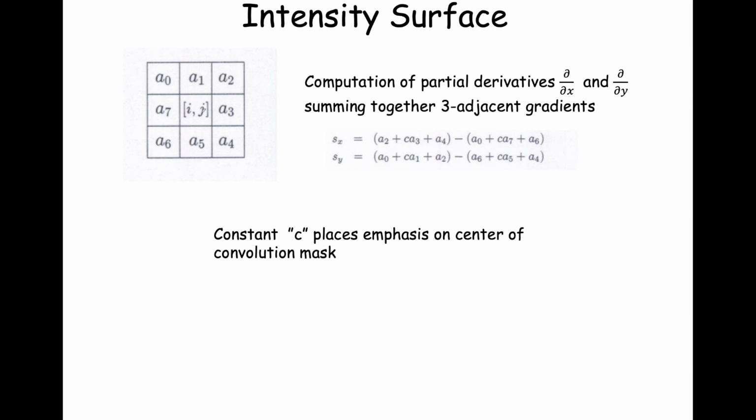So in the middle of this 3 by 3 convolution mask, we have image coordinate ij, and then we have scalars going around, A0, A1, A2, A3, A4, A5, A6, A7, and then we have our center.